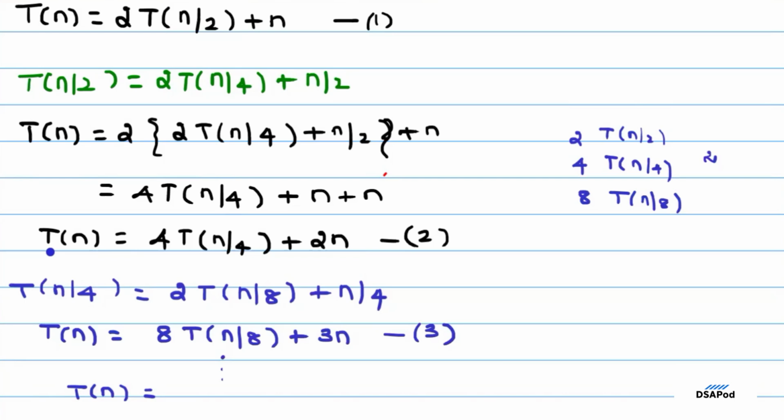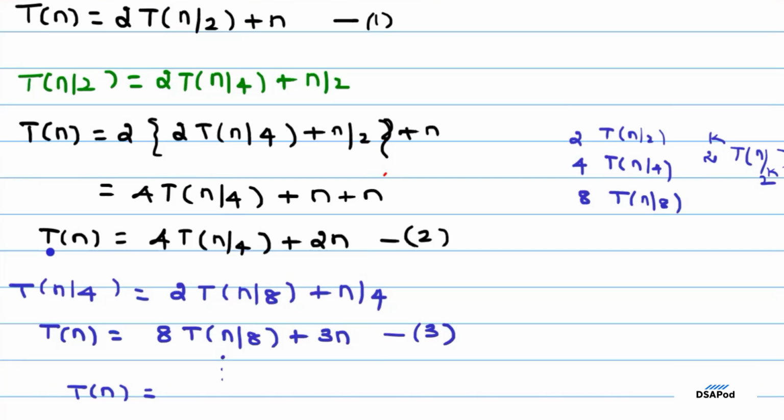So the pattern can be 2 power k. When k is 1, we get T of n by 2 power k.